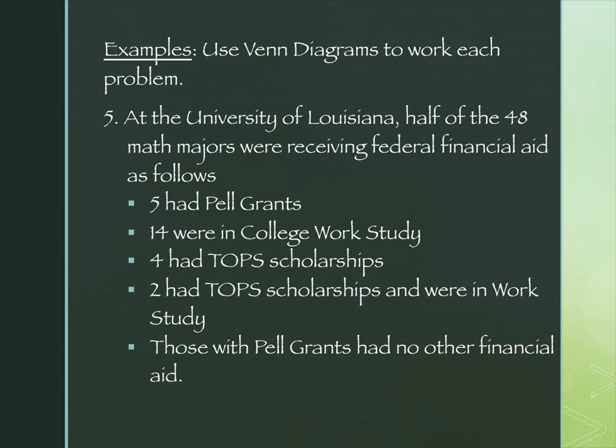Because you know it goes into one box because they don't have any other form of financial aid. You're exactly right. Pell Grants has these 2 category descriptions, one that just tells you there's 5 of them, but also one down here that actually tells you that it doesn't really have anything in common with the rest of them. Nobody gets Pell in this scenario and something else, right?